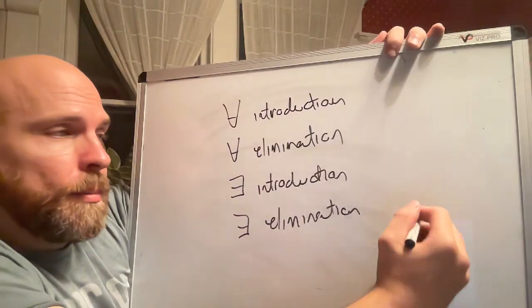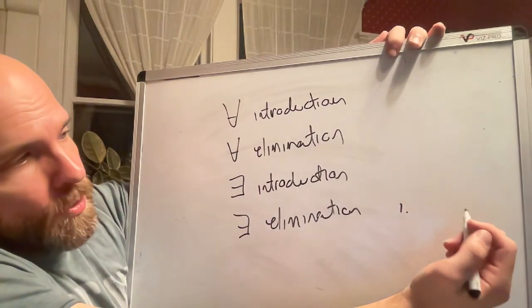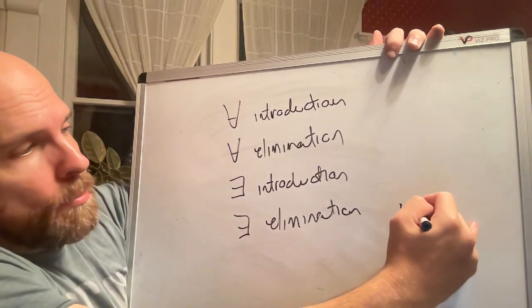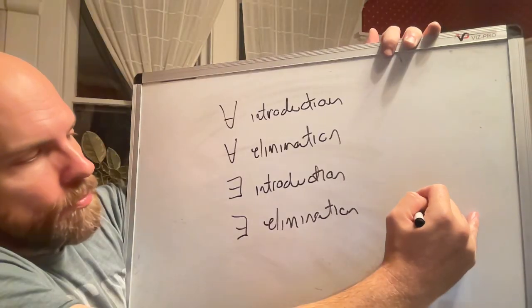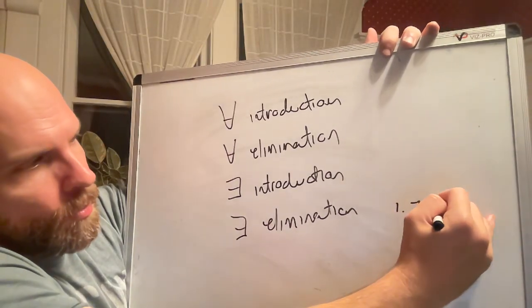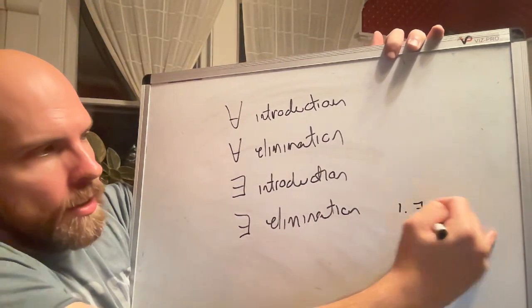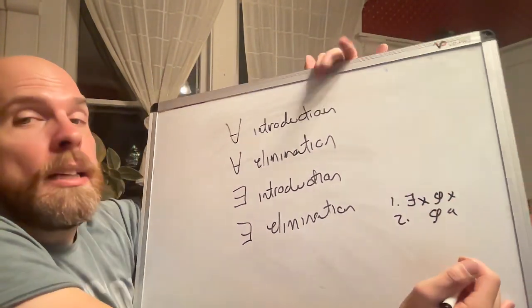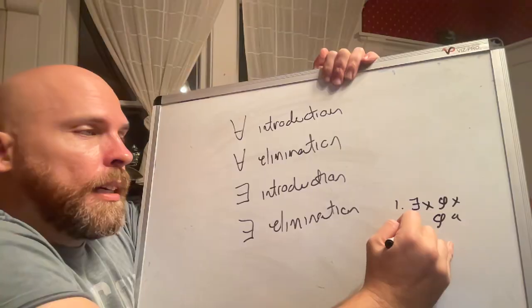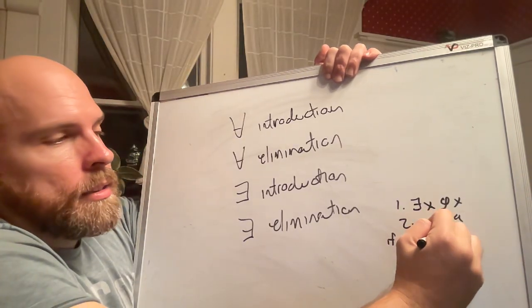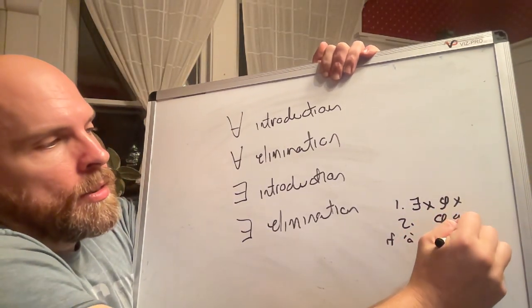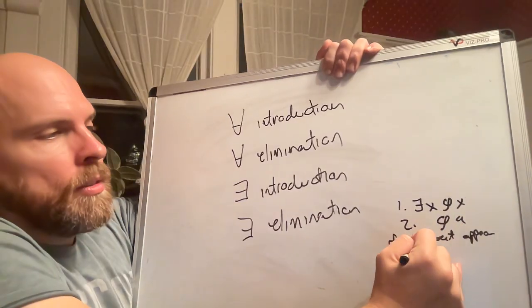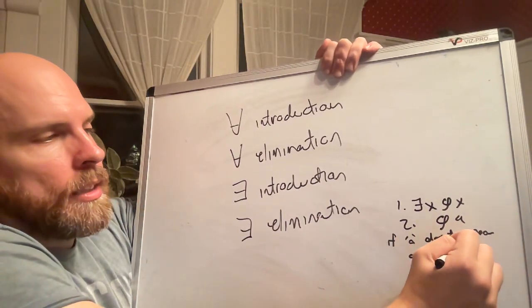For existential elimination, if you have something of the form, something is phi x, then you can infer phi A, if A doesn't appear on a previous line.